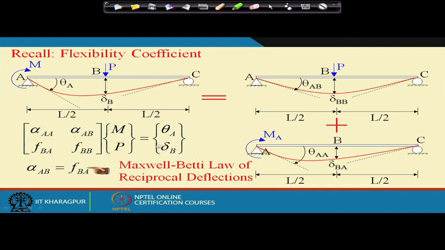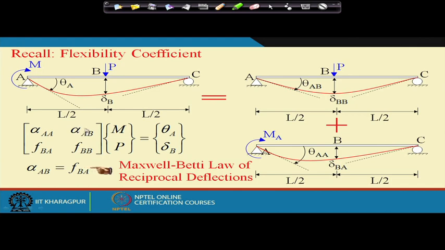Similarly, for delta B, the coefficient for M is alpha BA, and the coefficient for P is alpha BB. So alpha AA means the rotation at A due to the applied moment at A, and alpha AB is the rotation at A due to the applied load at B. These are the flexibility coefficients.